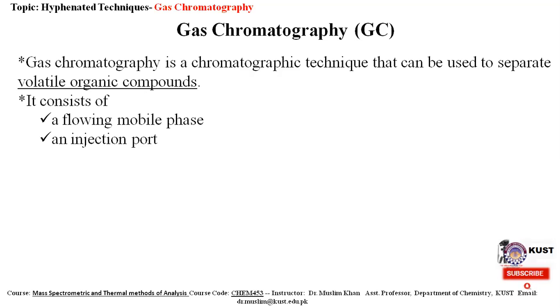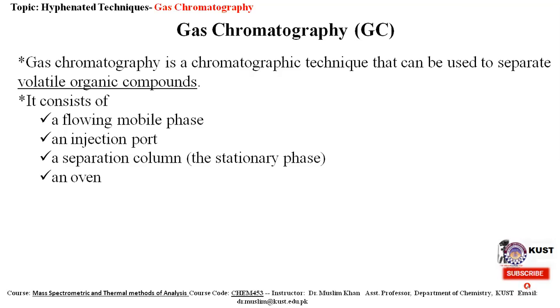And then an injection port where you are injecting your sample. And then every chromatographic system has a column, which is the heart of the chromatography, a separation column, the stationary phase, on the basis of which you are separating different components.